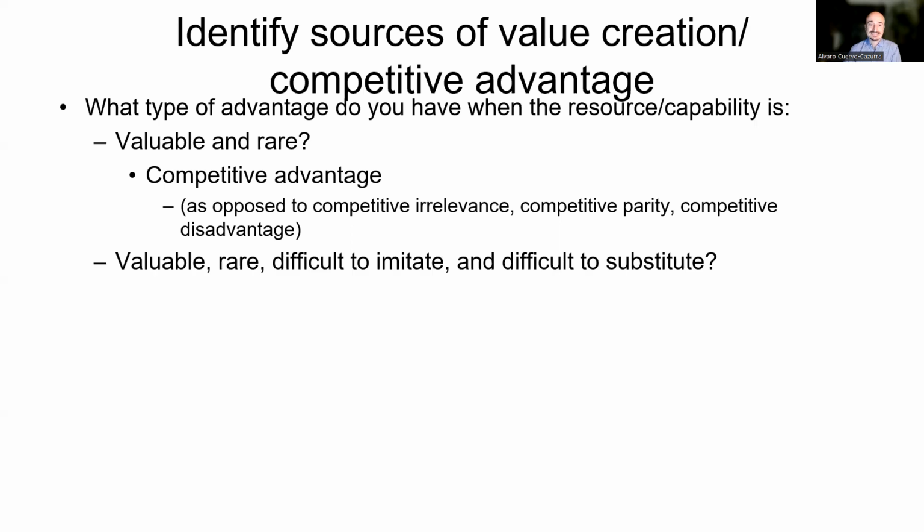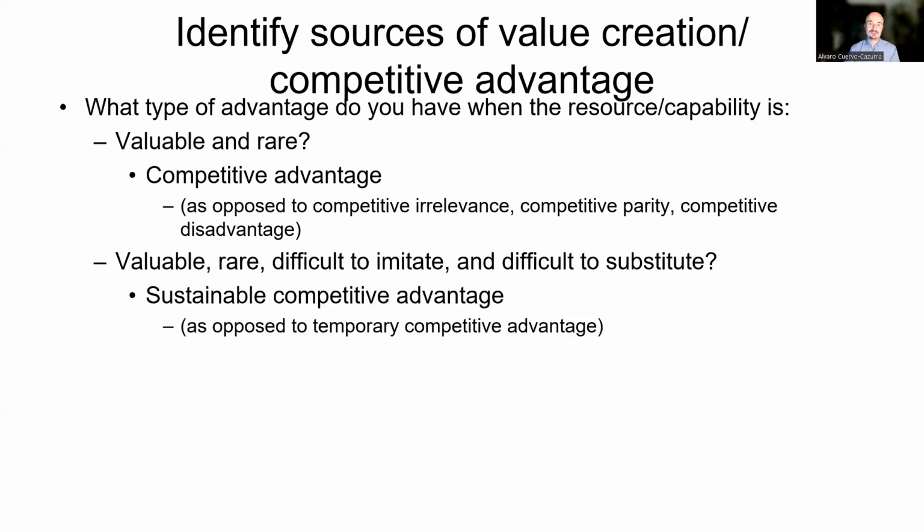What happens when a resource is valuable, rare, difficult to imitate, and difficult to substitute? That's going to be a source of sustainable competitive advantage over a period of time, hopefully longer. I'm not only able to create value for customers better than my competitors, but my competitors cannot imitate or substitute, and therefore I'm going to be able to generate that value and hopefully capture some of it. My profitability might be there.